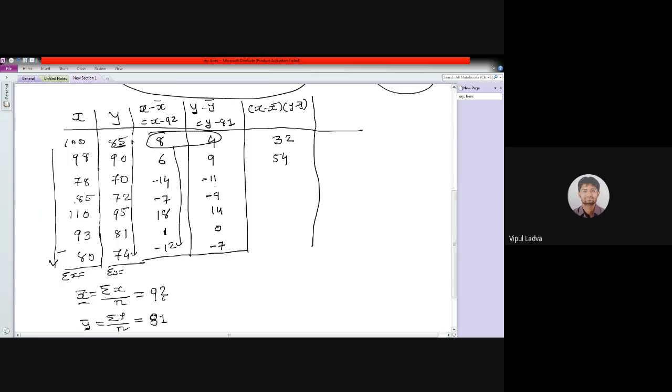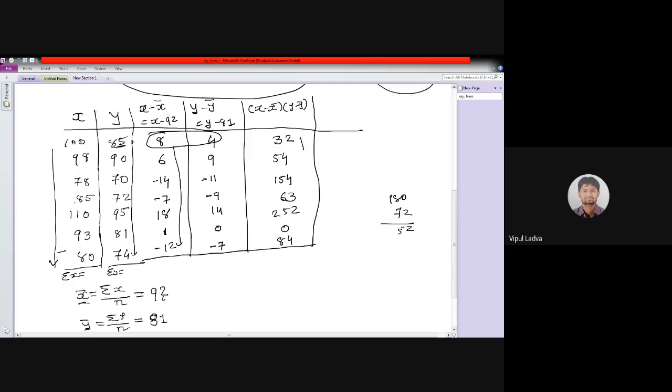Minus 14 into minus 11 will be positive, 154. Minus 7 into minus 9, 63 positive. Then 18 into 14 is 252. 0 into anything will be 0, and 12 sevens are 84.